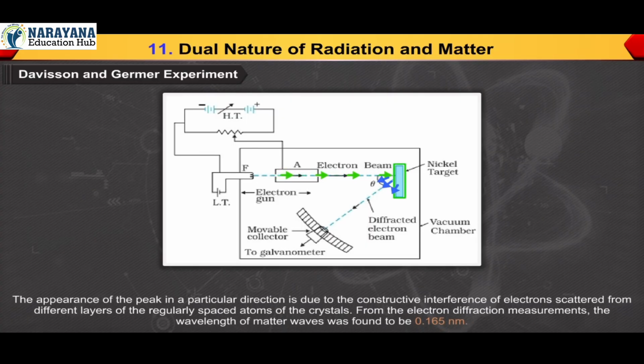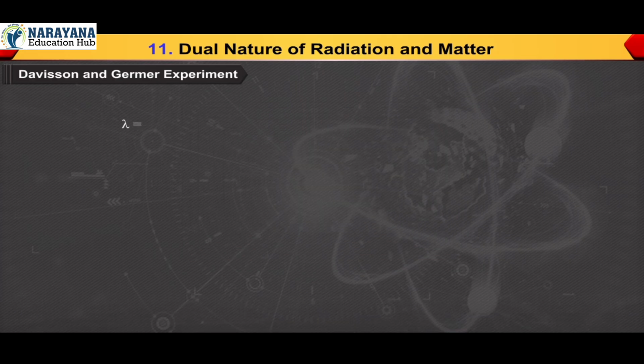The appearance of the peak in a particular direction is due to the constructive interference of electrons scattered from different layers of the regularly spaced atoms of the crystal. From the electron diffraction measurements, the wavelength of matter waves was found to be 0.165 nanometer. Lambda = h/p = 1.227/square root of V nanometer.